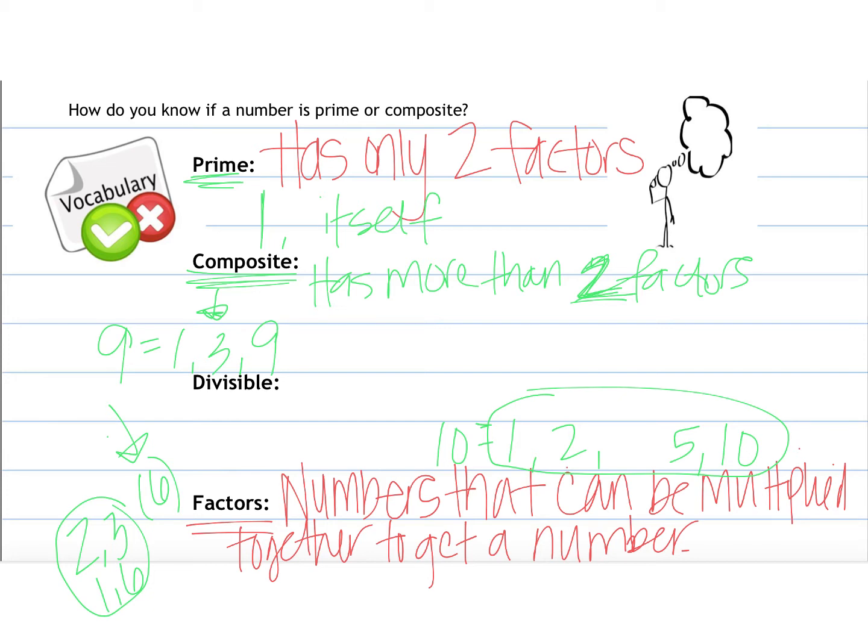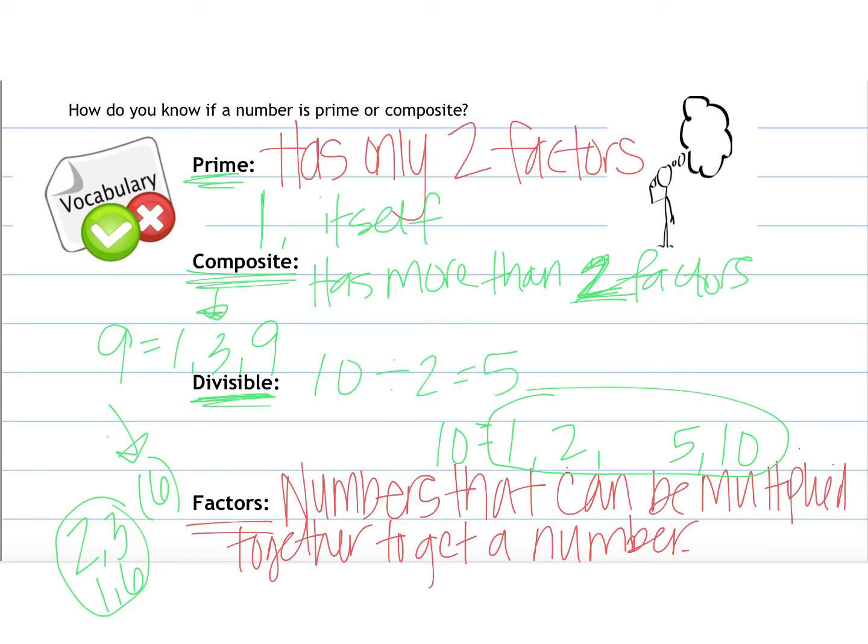So it's not necessarily all the even numbers, because obviously every even number is going to be a composite, because every even number can be divided by 2 except for 2, which we'll talk about in a minute here. And then divisible just means that it's a number that can be divided by something. So 10 can be divided by 2 to get a whole number.